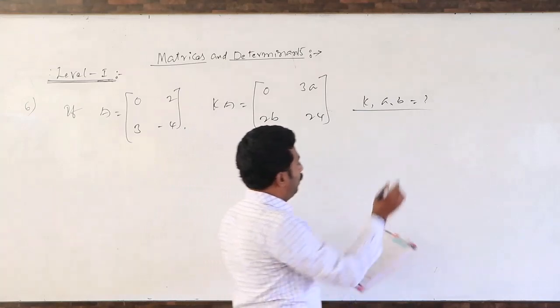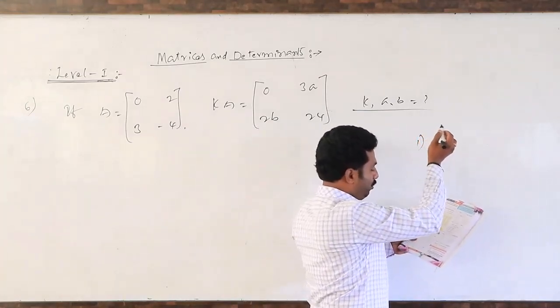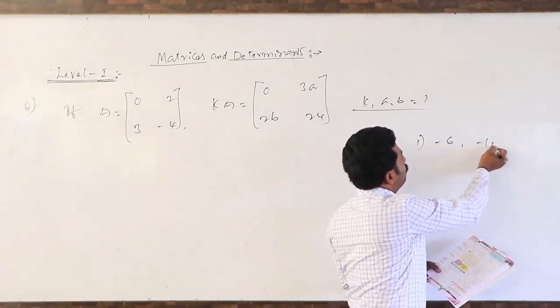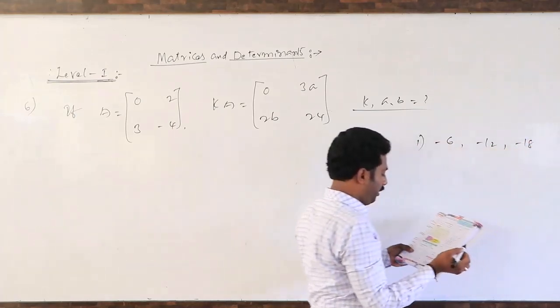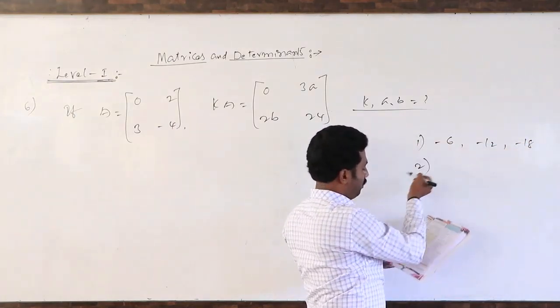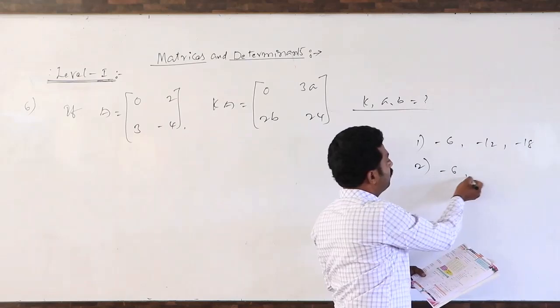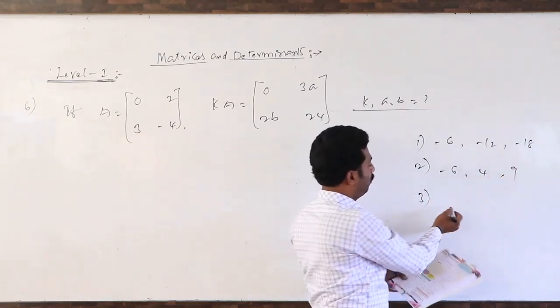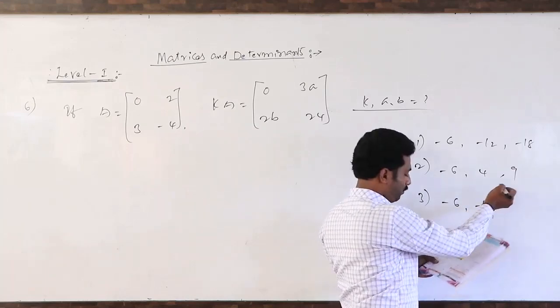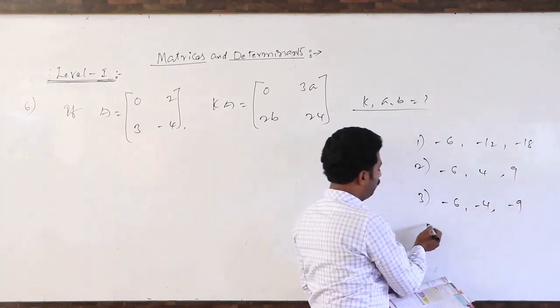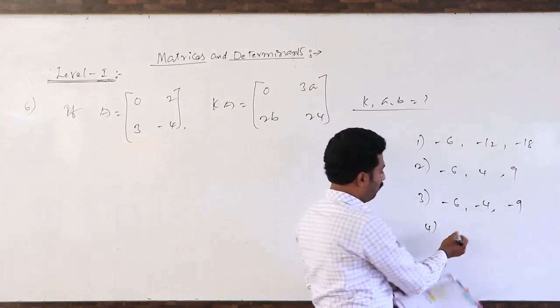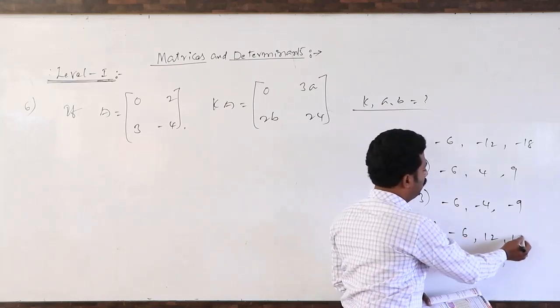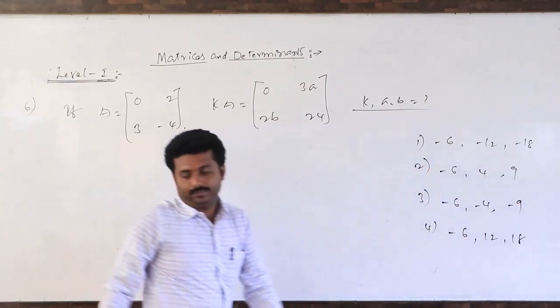Here the options you observe: first, minus 6, minus 12, minus 18. Second option minus 6 4 9. Third option minus 6 minus 4 minus 9. Fourth option minus 6, 12, 18.